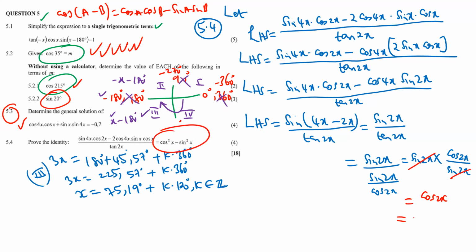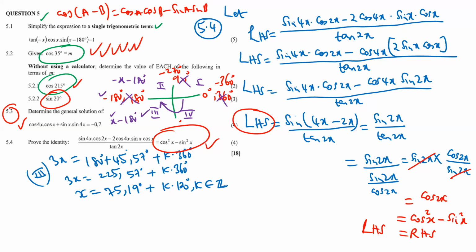We know that cosine 2x, from the formula sheet at the back of the matric paper, is cosine squared minus sine squared, and the examiner will realize that you know that. So the left-hand side is equal to the right-hand side. And we are done.